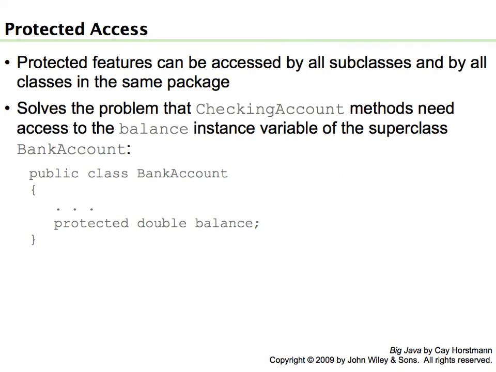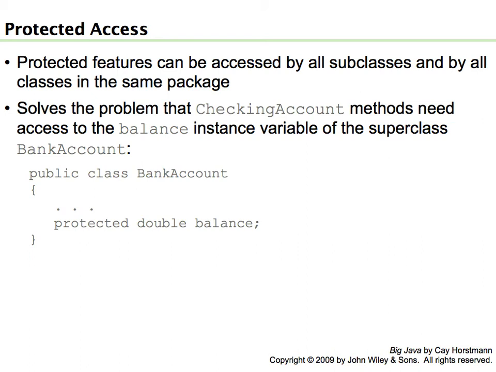Now, since we have those relationships, we said that if you define a variable in a superclass as private, the subclass cannot see it. When a variable or a method is private, it's only accessible within the class that defines it. So what if you want to define something in a class and you only want the subclasses to have access to it but no other class? This is the access type called protected.